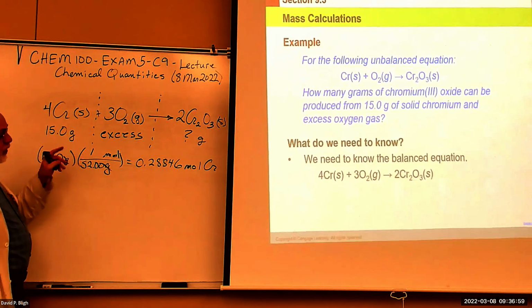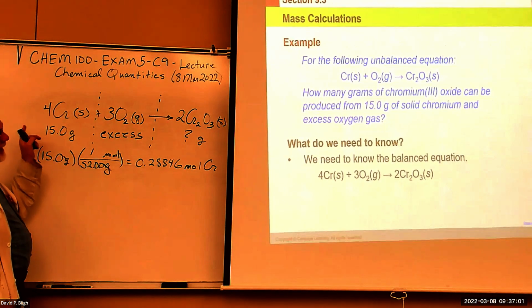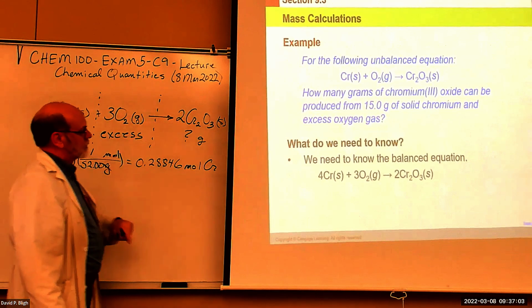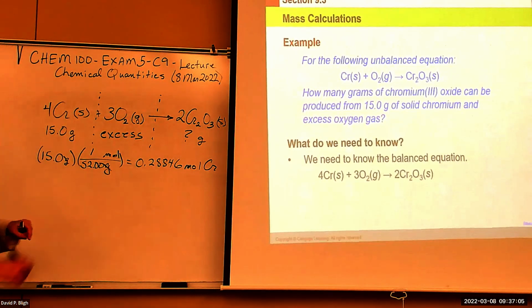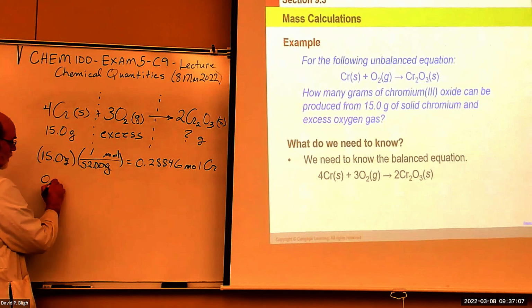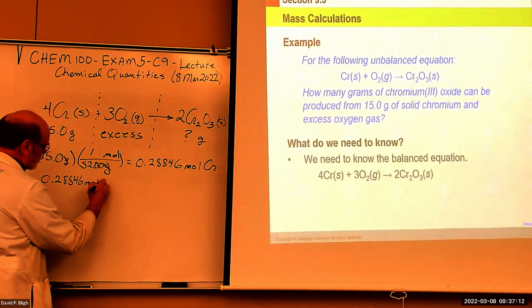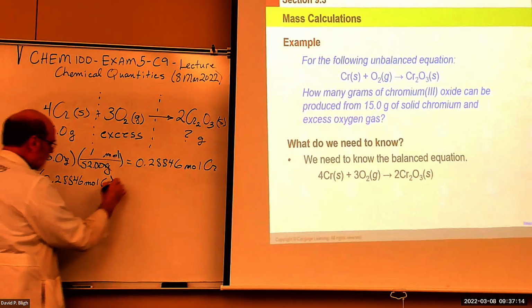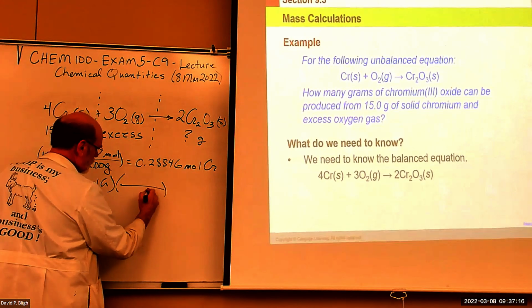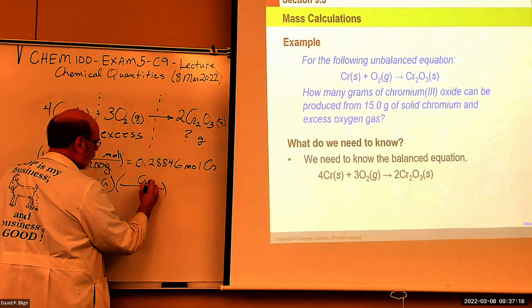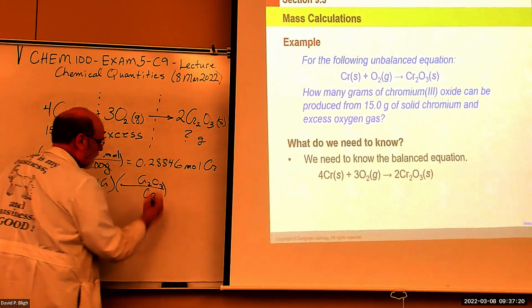So we got this many moles of chromium, and we want to find out how many moles of chromium-3 oxide are produced. So if we've got this value here, we want to go from chromium to chromium-3 oxide.